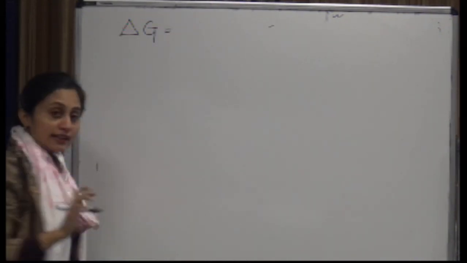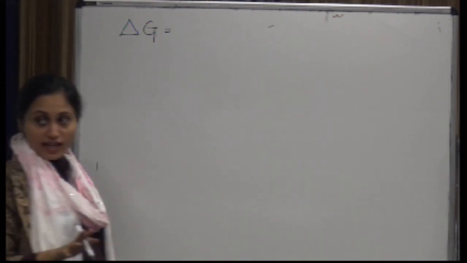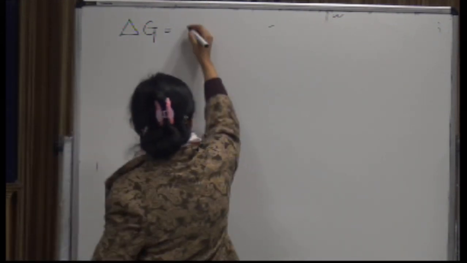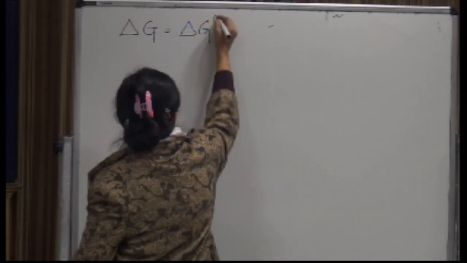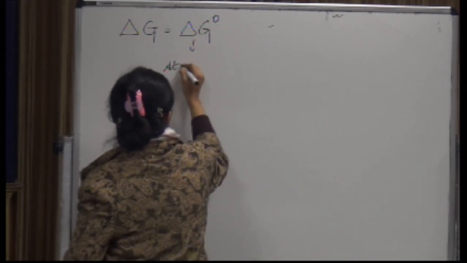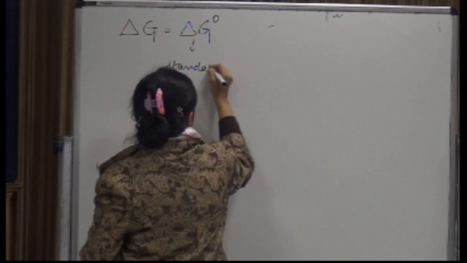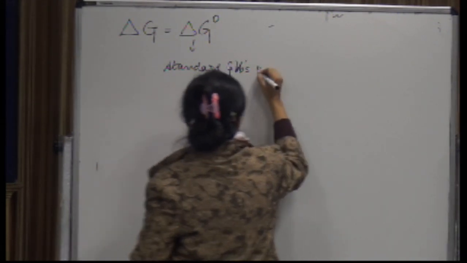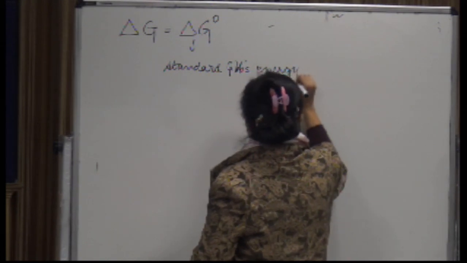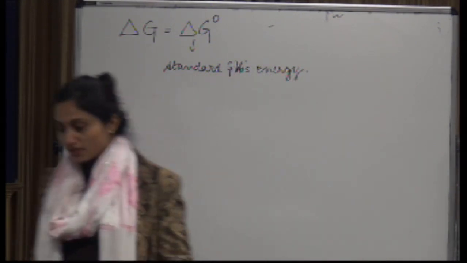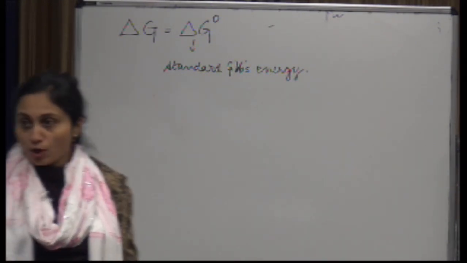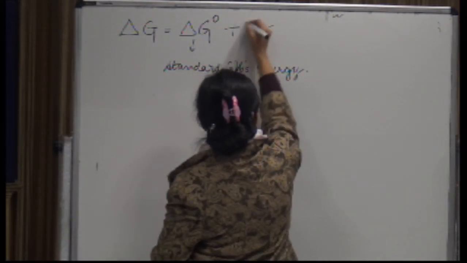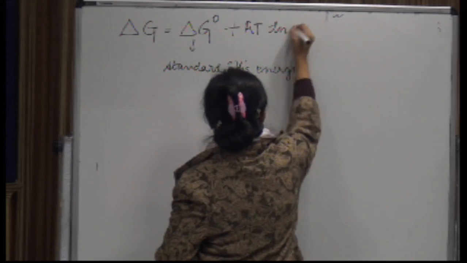Delta G for any reaction which is trying to attain equilibrium, or a reversible process, can be given as delta G naught, which is the standard Gibbs free energy. This talks about the standard states of the reactants and the products. It is equal to delta G naught plus RT ln Q.